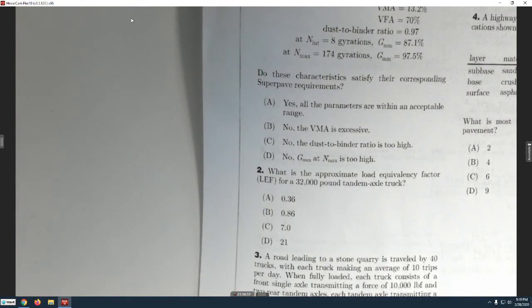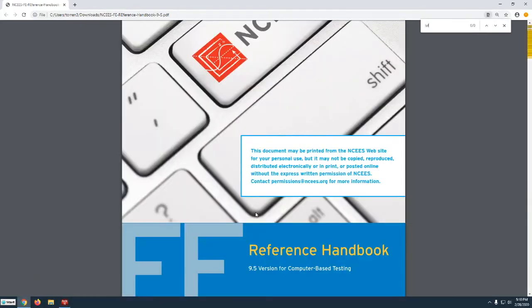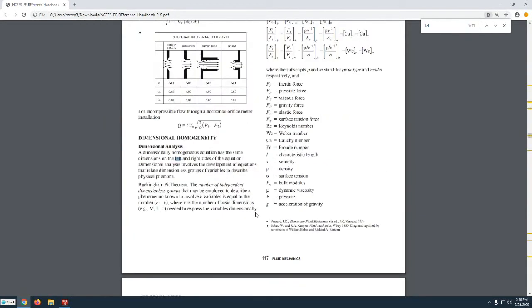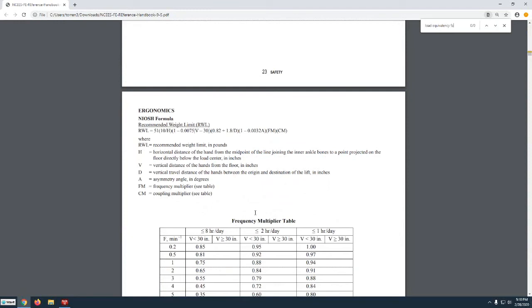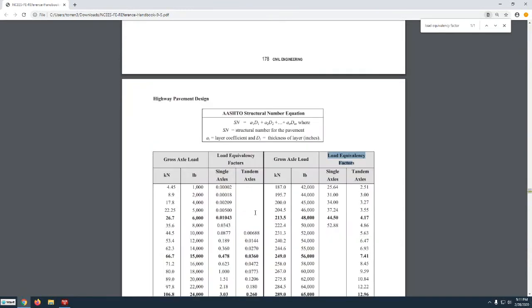Okay, for this, there should also be equations to calculate LEF, load equivalency factor.